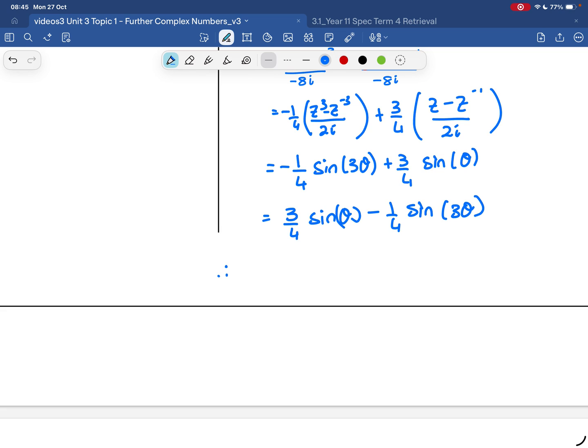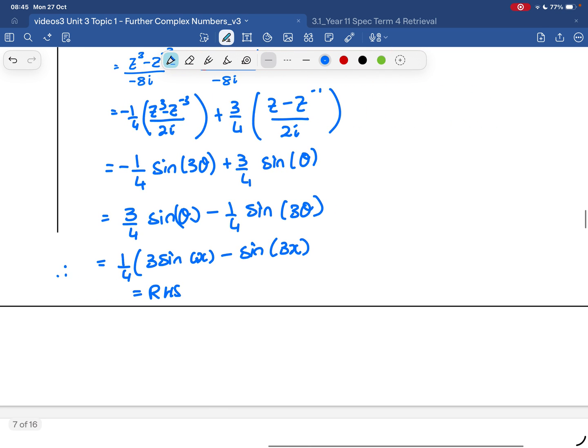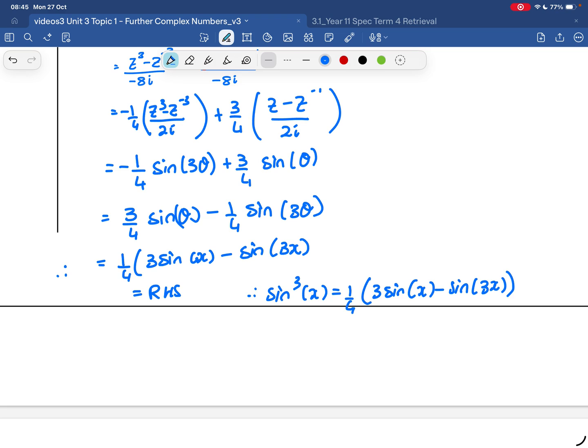So therefore, I can say it's equal to a quarter 3 sine of x minus sine of 3x, which is equal to my right-hand side. So I can say, therefore, sine cubed of x is equal to a quarter times 3 sine of x minus sine of 3x.